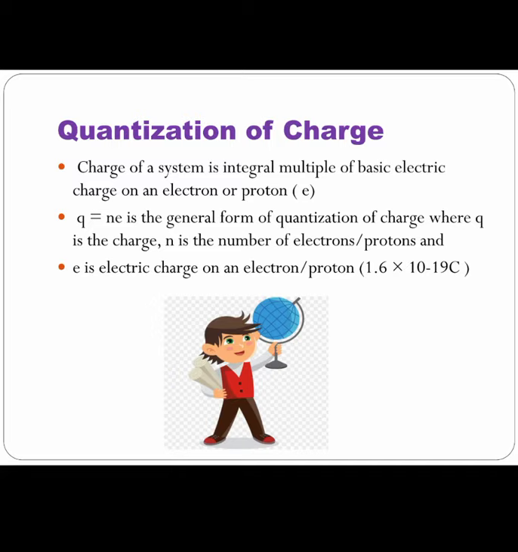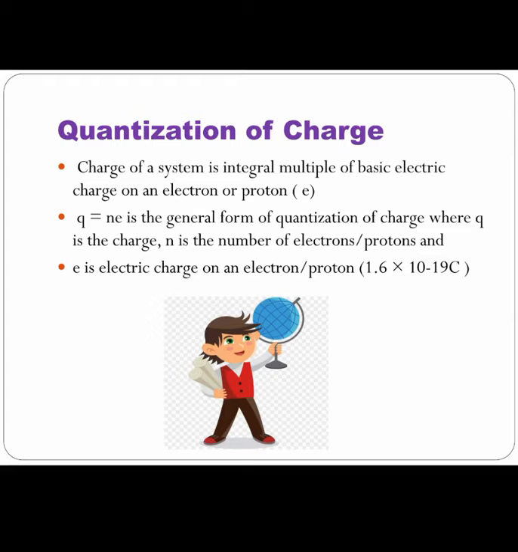For example, if an object contains n1 electrons and n2 protons, then the total charge of the object is n1 into minus e, where minus e means electron, plus n2 into plus e, where plus e means proton.